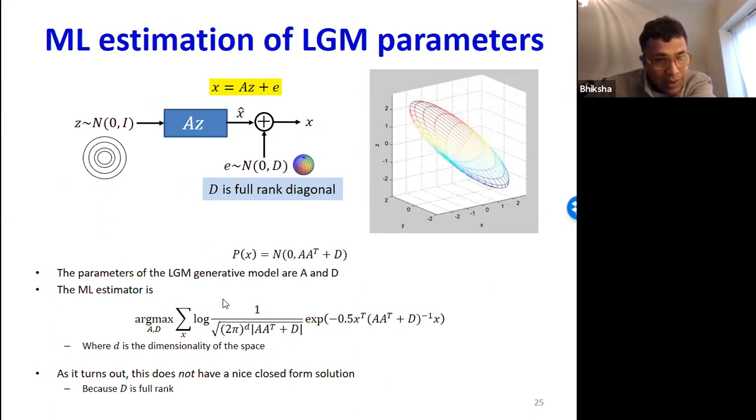And because you have this ugly AA transpose plus D inverse inside the exponent, and also the determinant of AA transpose plus D, two different components which are being added, and both of which must be simultaneously estimated, this doesn't have a closed form, unlike in the case of PCA, where D was orthogonal to A, so things sort of worked out.